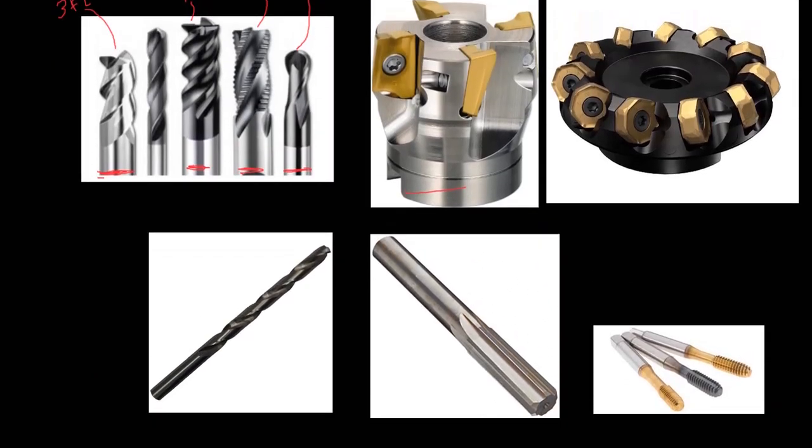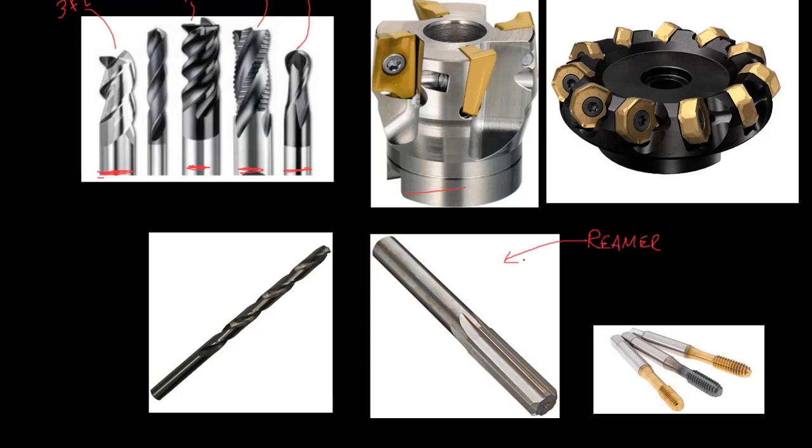Below here, I just wanted to show that this is a drill. Again, it looks like it has some black oxide coating on it, but this is a reamer.